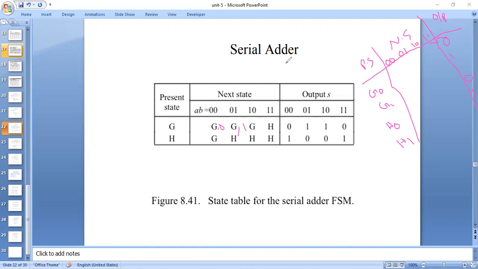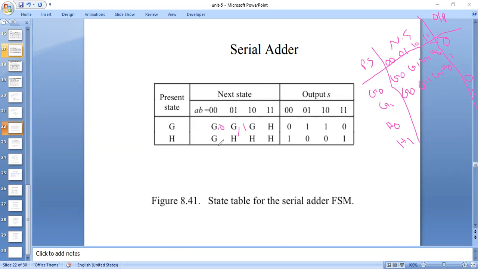So for 00, what is the next state here? G comma 0. So that's why you have to write G0. And similarly you have to write G0 here also. And here the output will be 1, so you have to write G1, and here also G1, and here also the output will be 1, so here you have to write G1 and G1. And for H, look, here the output is 0, so here you have to write H0 and H0.